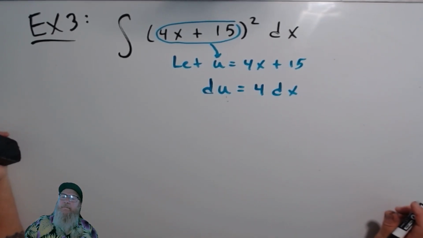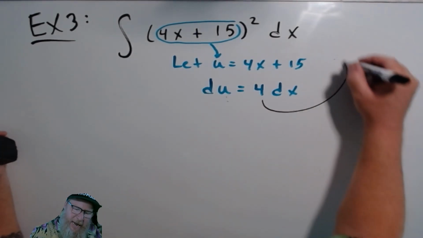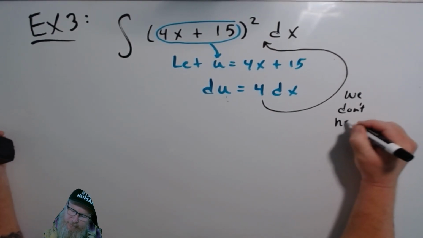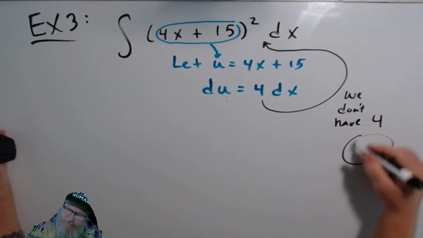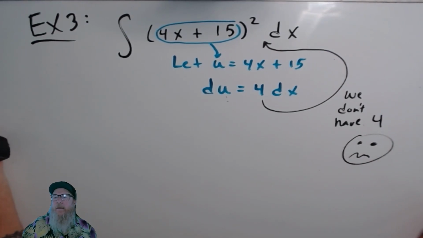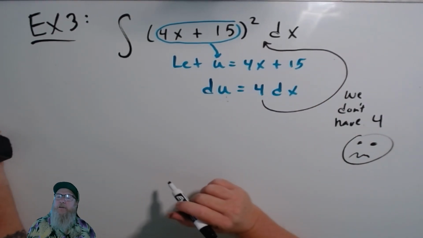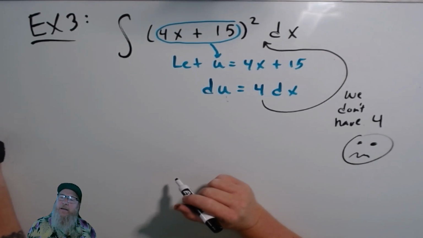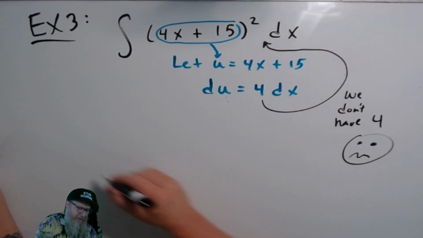All right. Now the problem is we don't have a 4 out here. So how are we going to create a 4 right here? Well, the answer is we create a 4 right there.